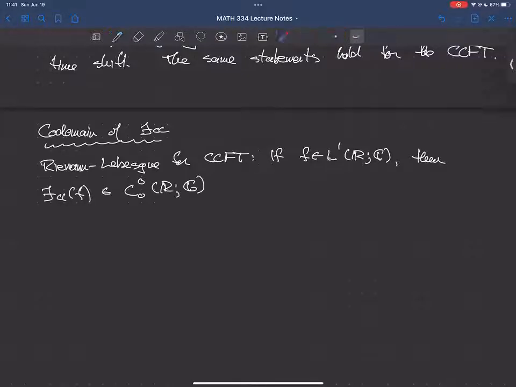Okay, so continuous signals that decay to 0 at infinity.